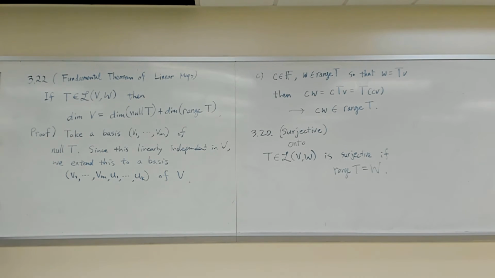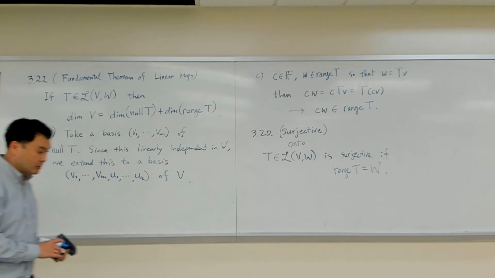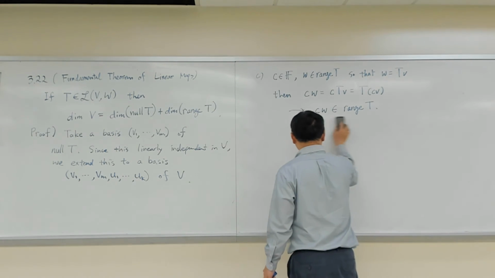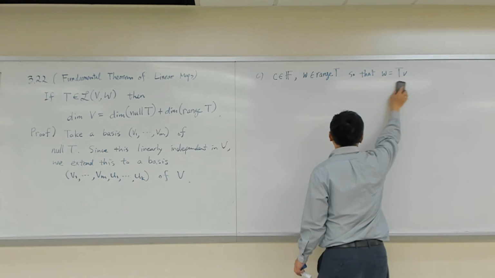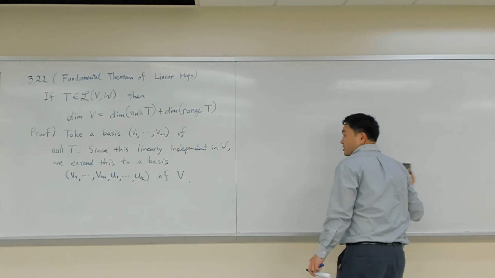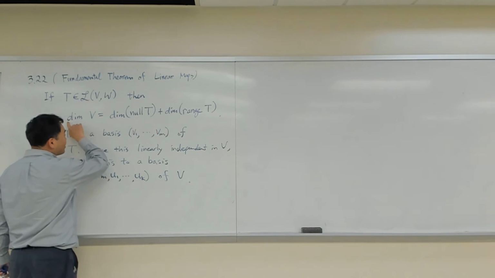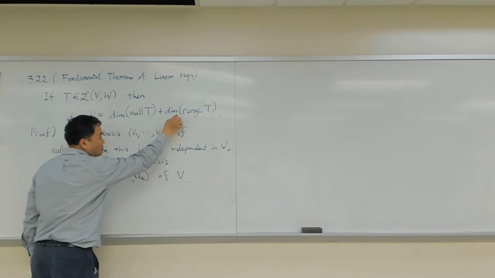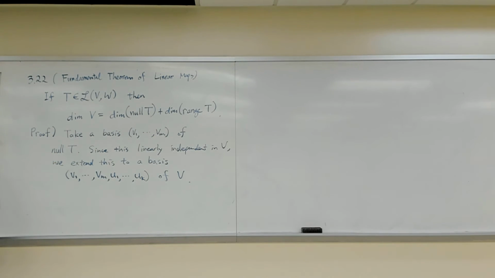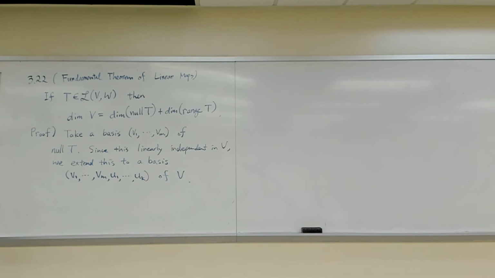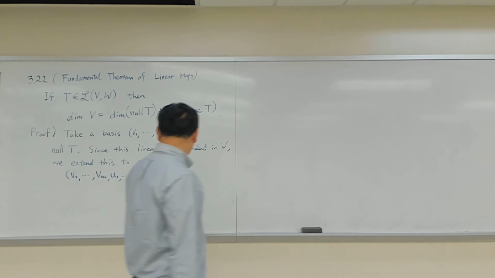Okay, so if you have this much setting, now tell me the dimension of null T. What's the dimension of null T? M. Okay, it's M. What's the dimension of V? M plus K. Okay. And therefore, if this equation is to hold, this has to be dimension K. If we show that this has dimension K, we're done. Okay? All right. So, how do we do that?